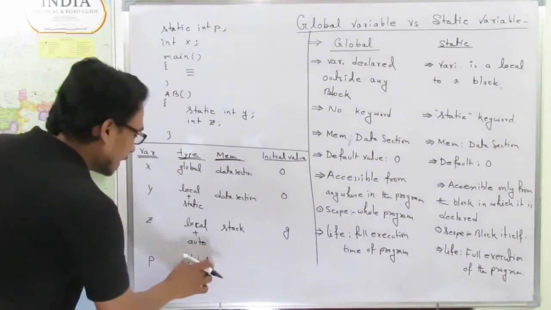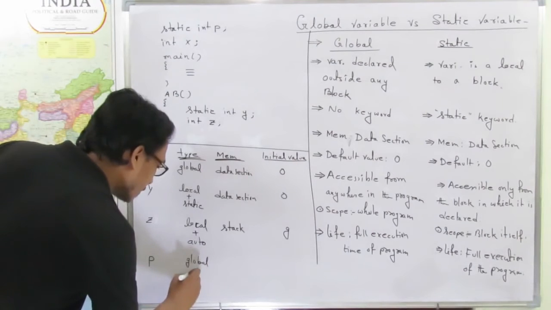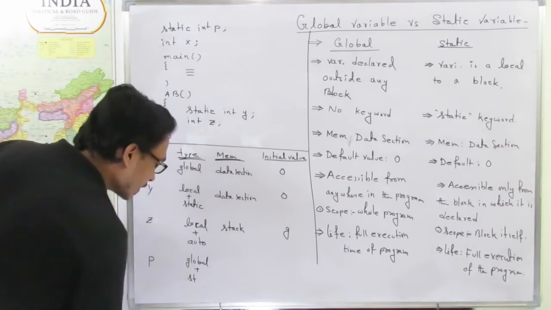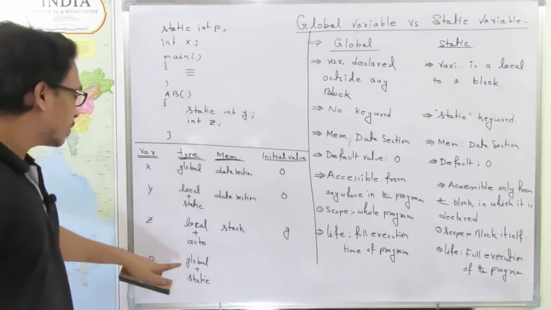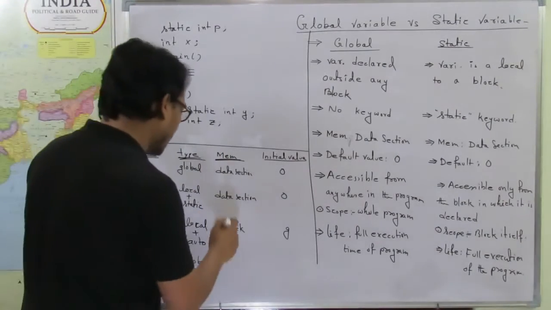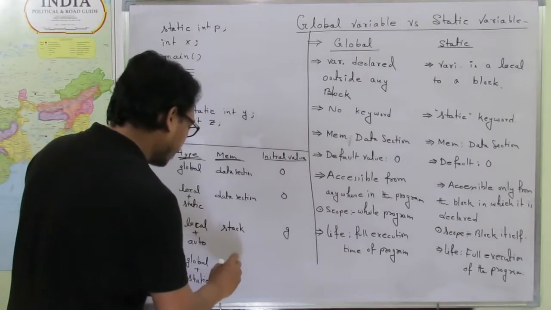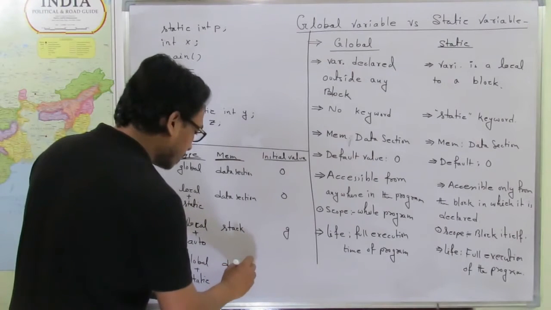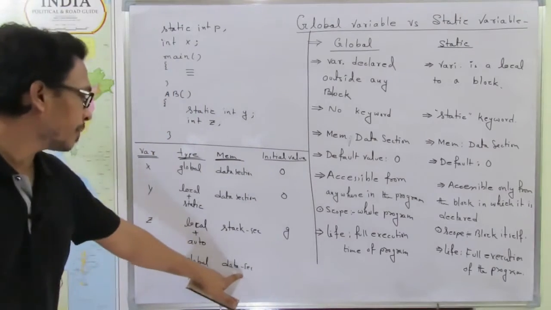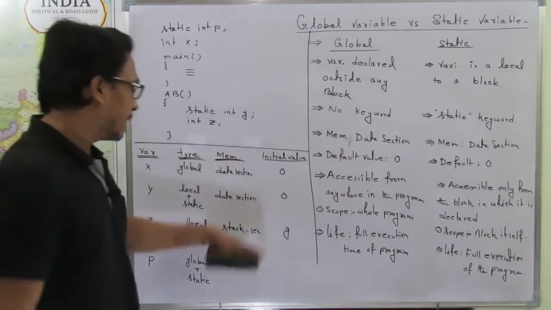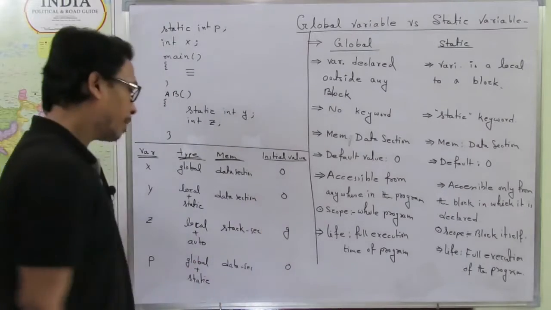That means in case of a global variable we specified the storage class as static. As this is a global variable, the memory will be allocated for the variable p from the data section, and as the memory is allocated from the data section, that's why the initial value will be zero.